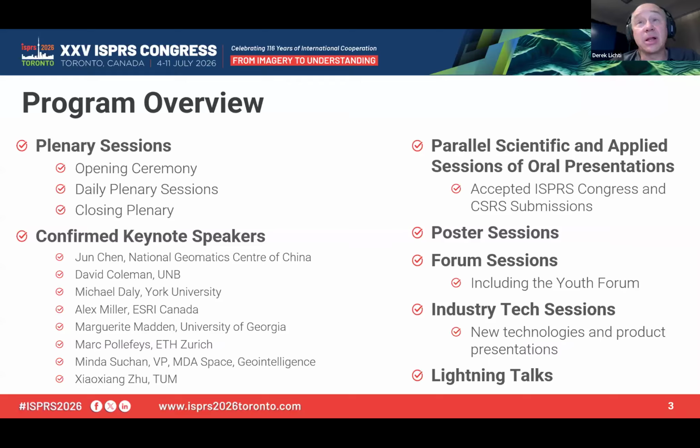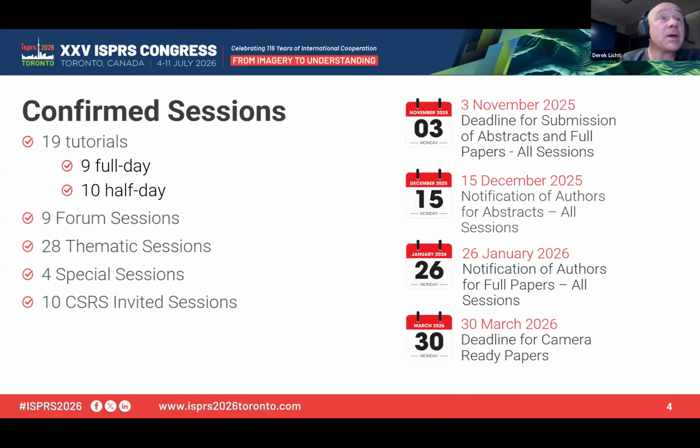Ways you can participate are, of course, through submitting your papers and then giving an oral or poster presentation in a number of scientific or applied sessions. There are other ways to participate as well in terms of fora, and there are industry sessions. That's relevant for this audience, maybe.